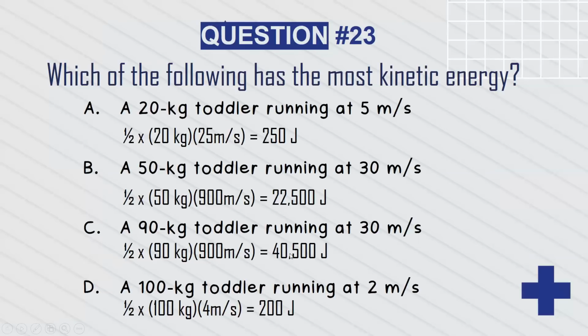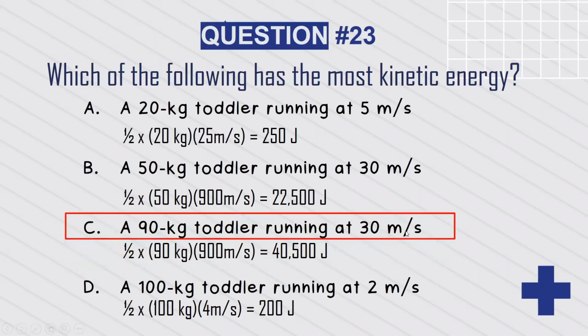So that is equal to 40,500 joules. Or D, 1/2 times 100 kilograms times the square of 2, which is 4 meters per second, and that gives us 200 joules. So, which has the most kinetic energy? It's none other than letter C, a 90 kilogram toddler running at 30 meters per second.